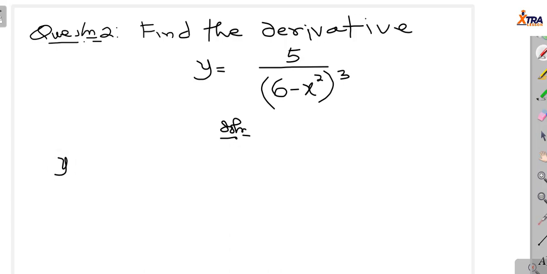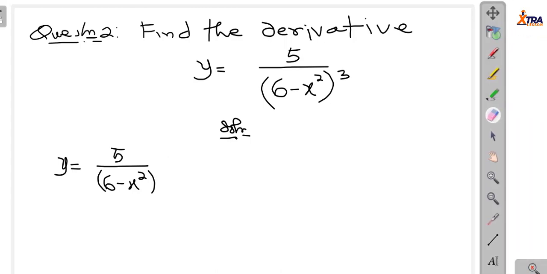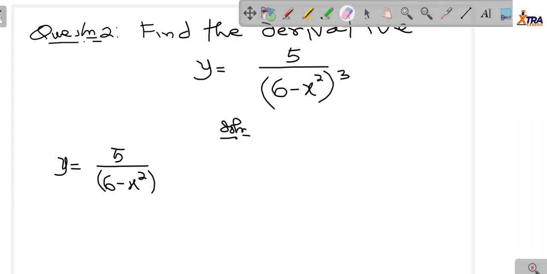We have y equals 5 over (6 minus x squared) raised to power 3.